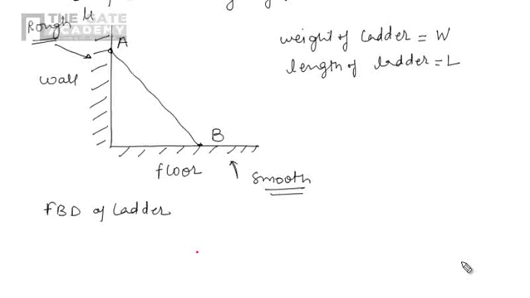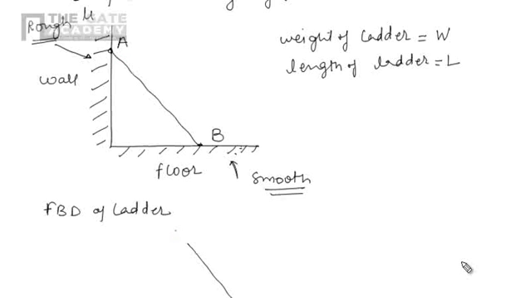For drawing the free body diagram of the ladder according to the definition, first of all we have to isolate or separate the ladder AB from other contacting bodies. The other contacting bodies or surfaces are the wall and floor. So first of all we have to isolate this ladder AB from the wall and floor.